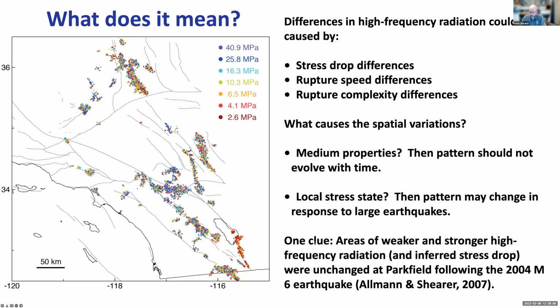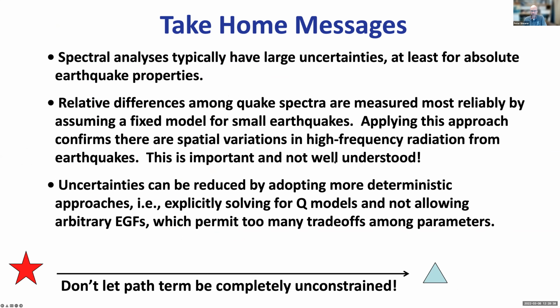One clue is that Bettina Allmann, when she was here, did a study looking at both before and after the Parkfield earthquake, the magnitude 6 at Parkfield, and it seemed like the regions of higher stress drop that you saw prior to the Parkfield magnitude 6 were still there following it. So that observation would favor the first of these.